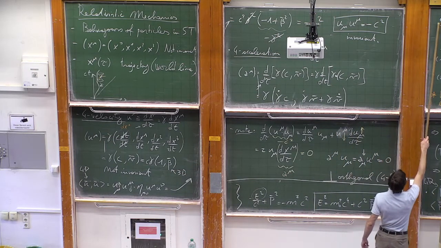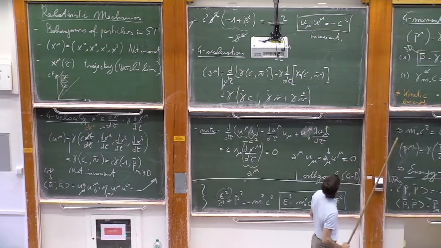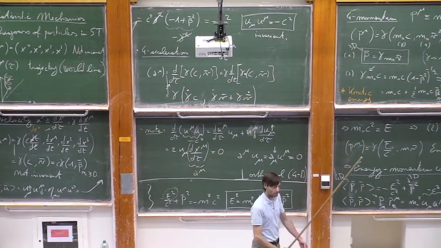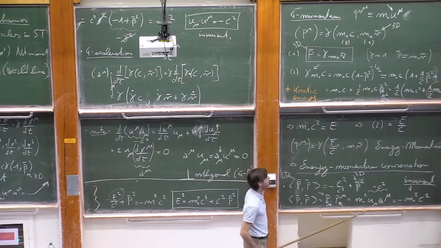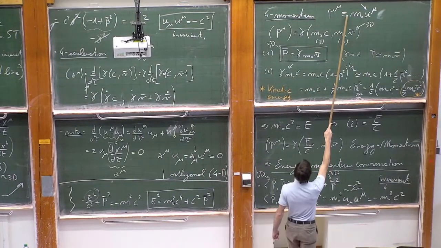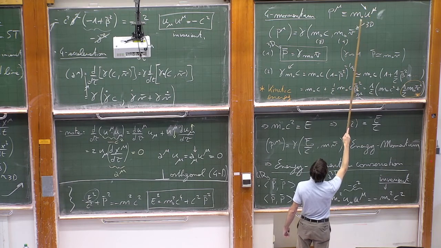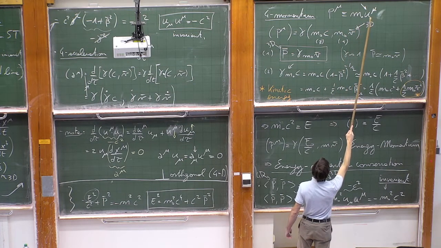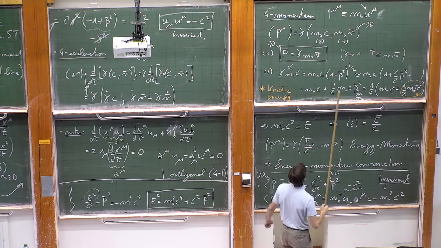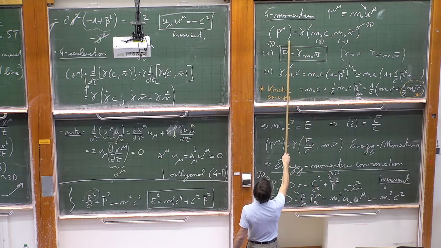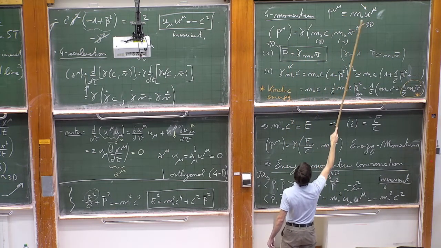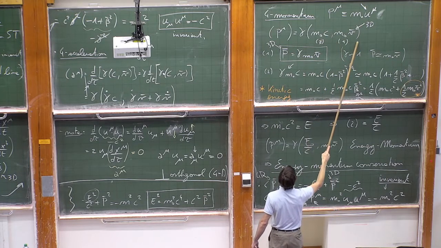Then we start to look at a physical property of our particle, which is the four-momentum, as we would do in a standard Galilean frame, but by doing that in a four-dimensional space. Very same definition, instead of using the three-dimensional velocity, we're using the four-dimensional velocity. And by just using the definition of the four-velocity, we find this expression.